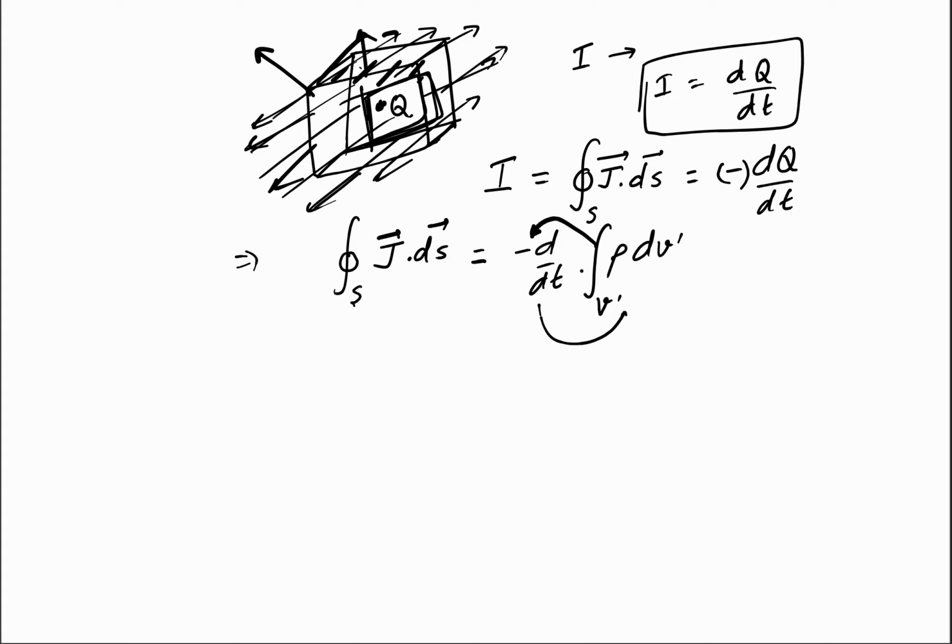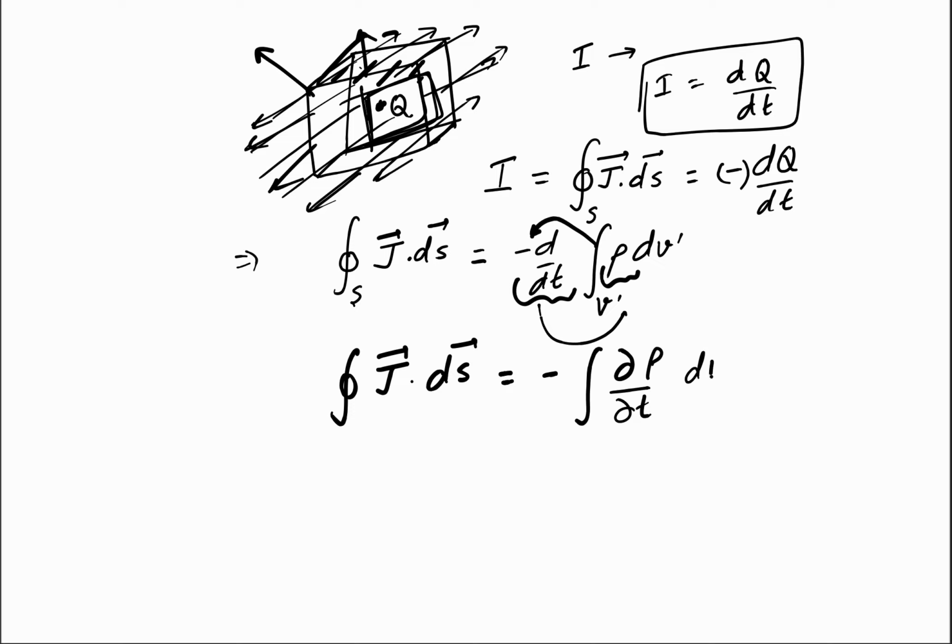They are now independent of each other. I can do either of them in any sequence. So I will take this differentiation inside the integral. Now when I move this differentiation inside the integral, this full differentiation will change to partial derivatives, because this charge density can be a function of position, but we just want the change with respect to time. That's why I have now written the partial differentiation.